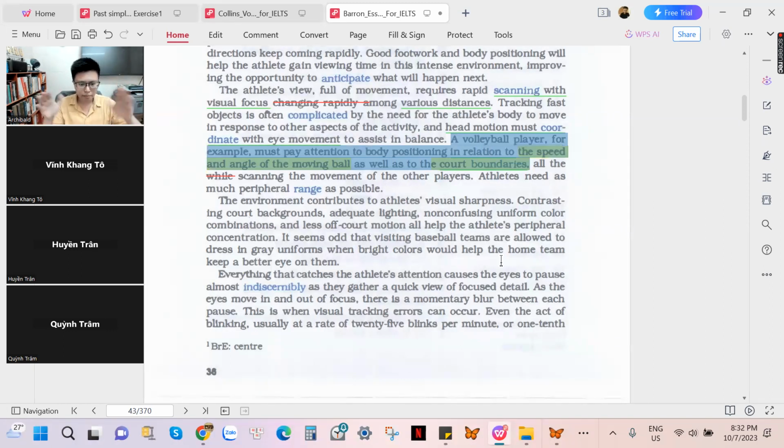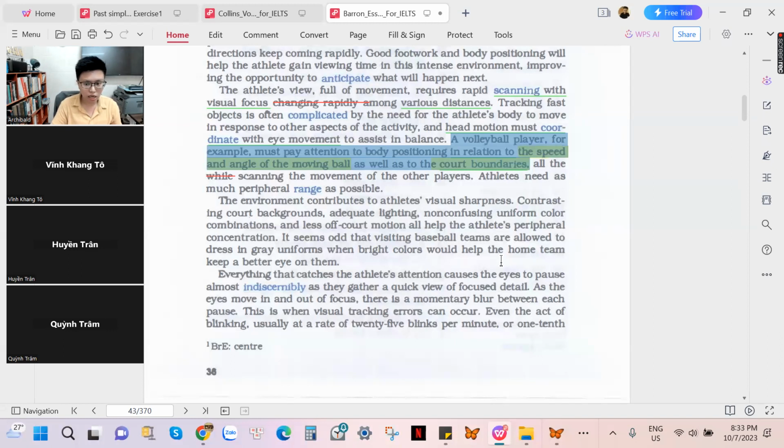A volleyball player must pay attention to body positioning in relation to the speed and angle of the moving ball, as well as to the court boundaries. Meaning, this player must focus on the way he moves his body, the directions in which he is going to run with his body.